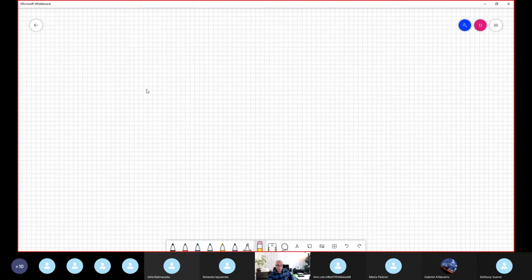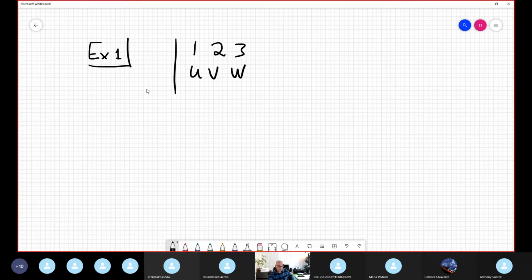Example 1. Suppose it's given one determinant. And unfortunately, we cannot use software because it's a letter. In the numerical case, yes, but in software, no. This is -4. This is the given information.